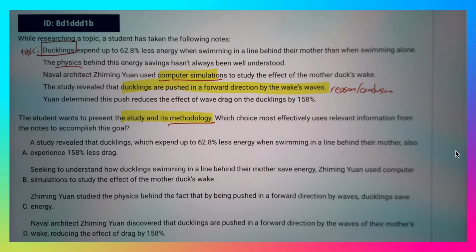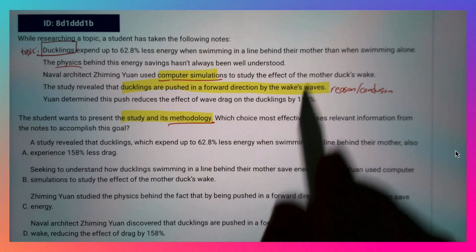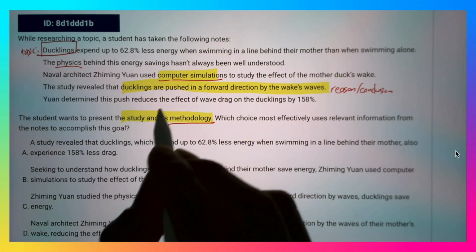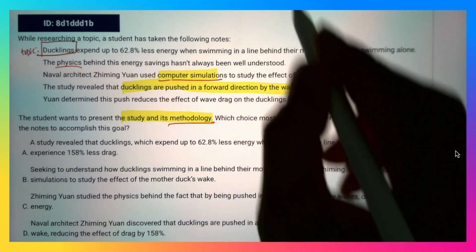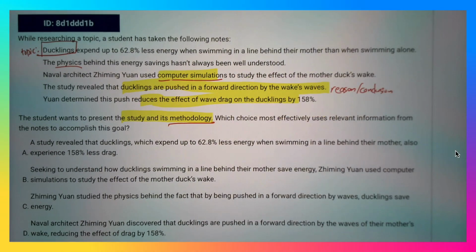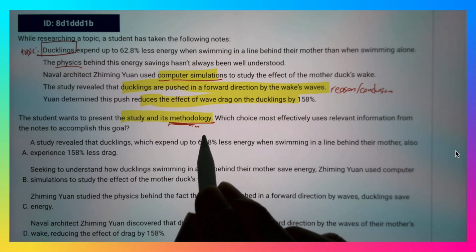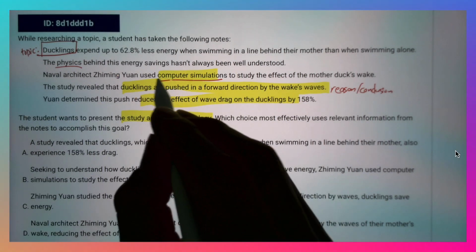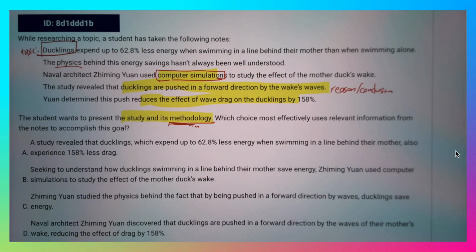Okay, so this is also a conclusion. So the most important thing I'll say here is this computer simulation. Because it's a specific method used to conduct the research, we want to really see computer simulation in the answer choice.